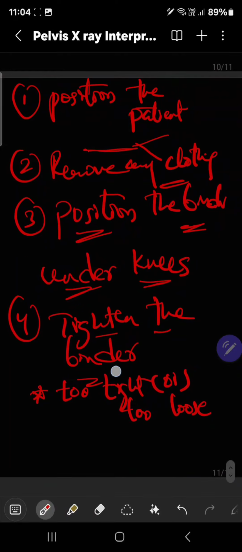And number five, you have to record the time. When did you apply the pelvic binder, you have to record the time.